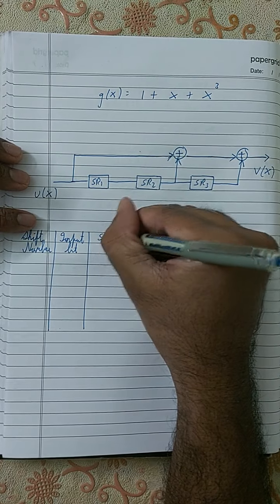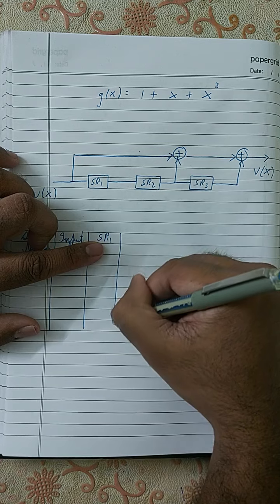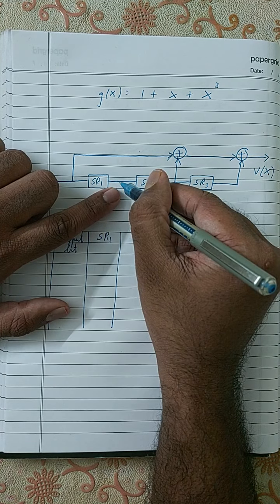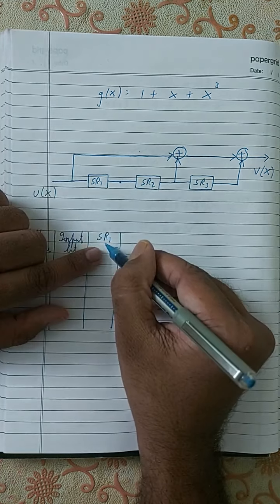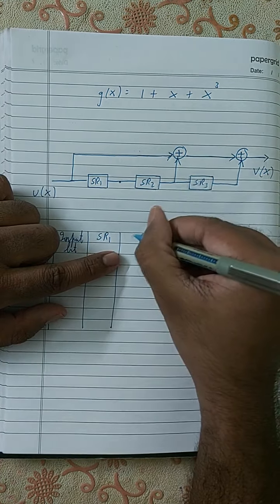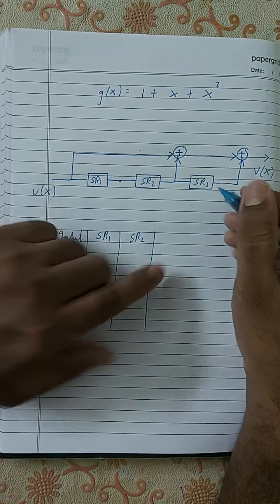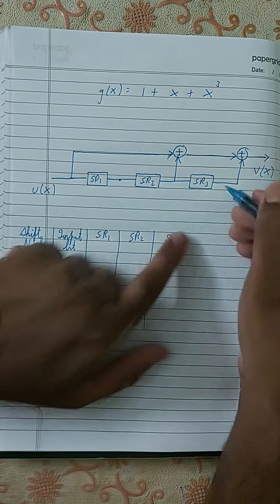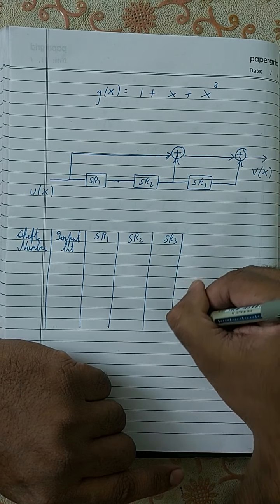Next will be the content of my shift register. So SR1 content means the value at the output that is available at the output of SR1. The value over here represents SR2, and the value over here represents the output of SR3 that I'm drawing over here.